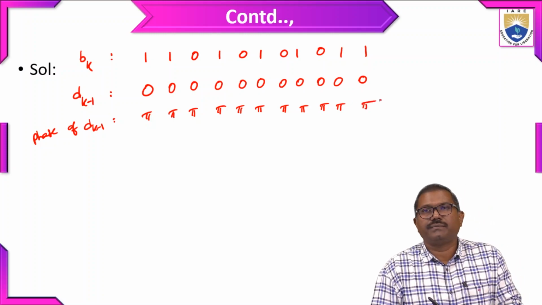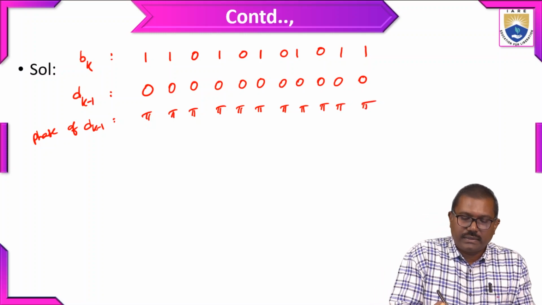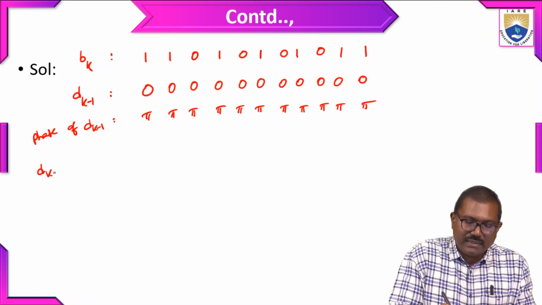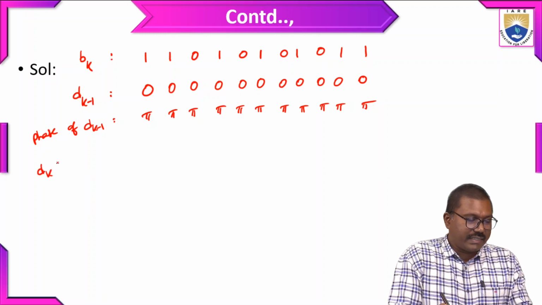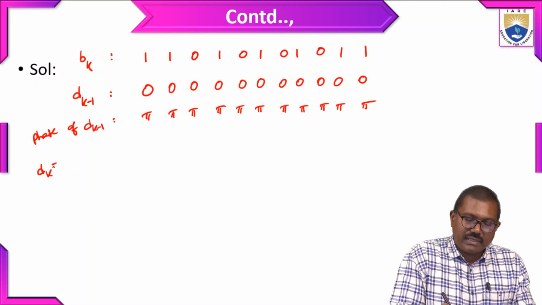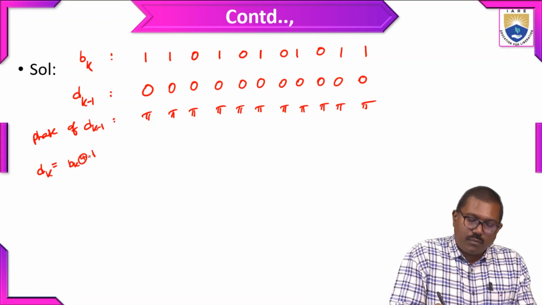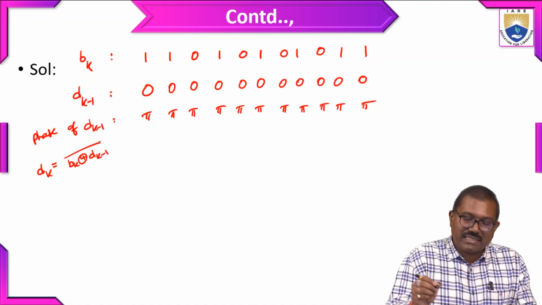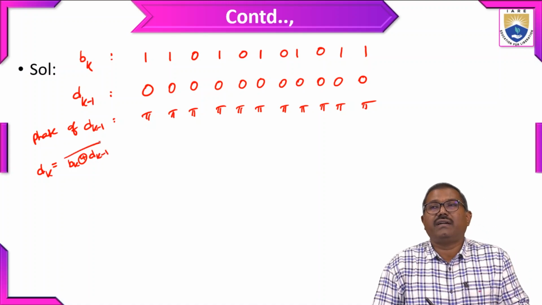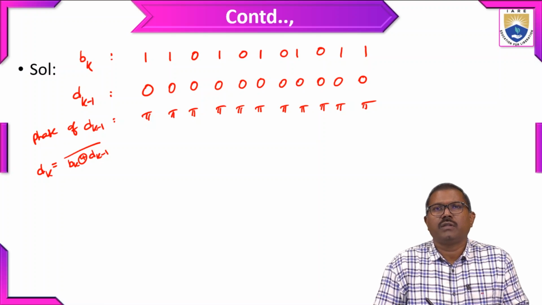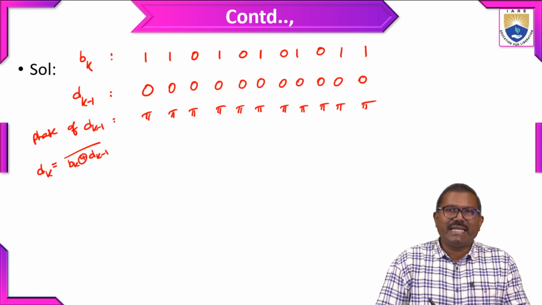Next, we are going to find dk. So what is dk? dk is the complement of the XOR operation between BK and dk minus 1.